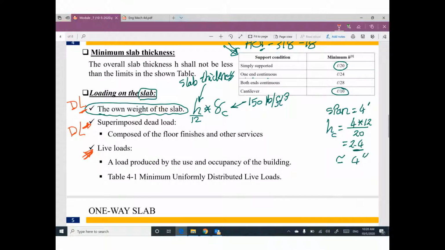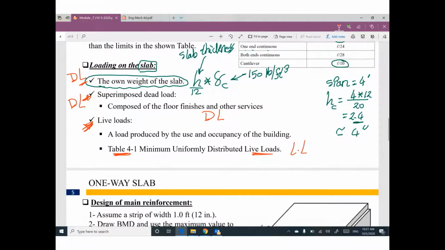And we have a PDF file including a table that can give you the value of live load based on the function of the building. So guys, finally, I can figure out the final value for dead load, the final value for live load, and I can figure out the ultimate load, which is 1.2 dead load plus 1.6 live load on the slab.